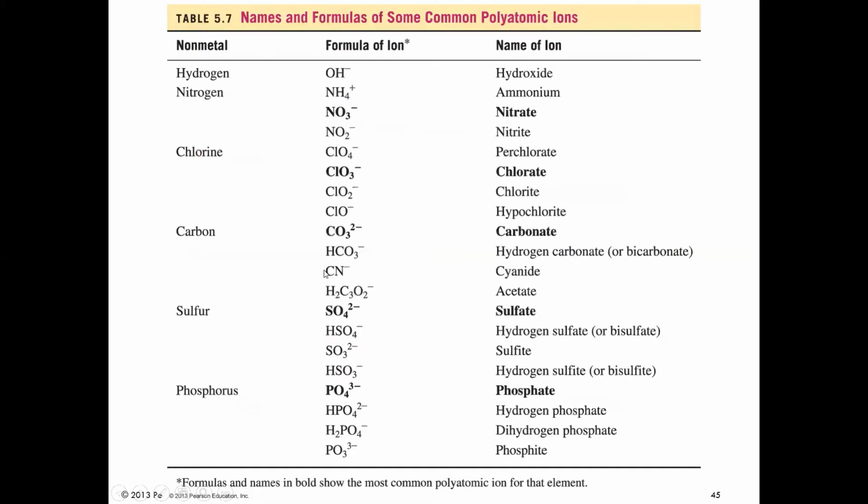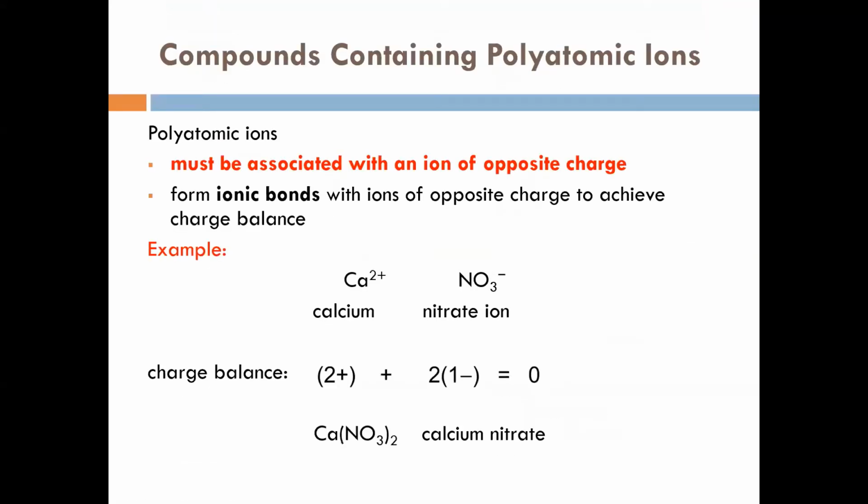Here are some names you'll commonly see and their associated charges. The big thing is that polyatomic ions, when they're in a formula, are always seen in parentheses, and we treat them as a whole group. Compounds containing polyatomic ions must have the polyatomic ion associated with an ion of the opposite charge.